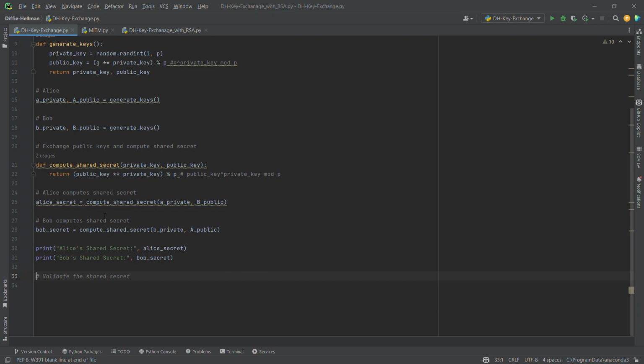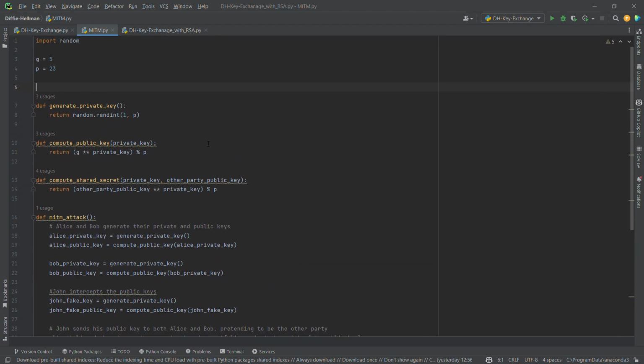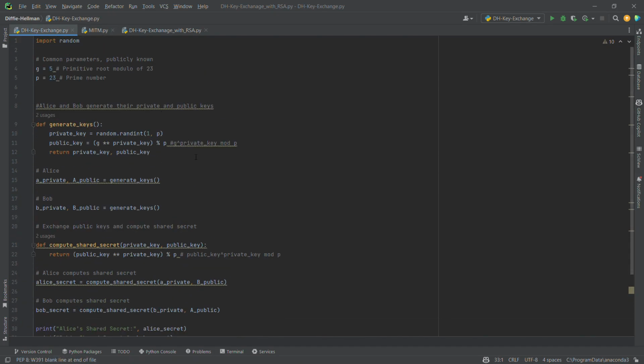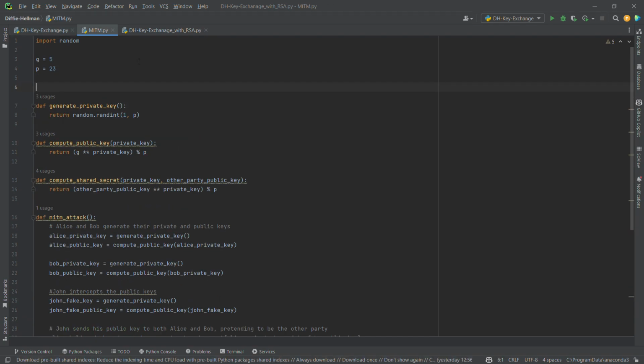And after generating this shared secret, if these values are the same, then they can use it to encrypt their messages from now on. So this is essentially how the Diffie-Hellman key exchange works. An attack called the man-in-the-middle attack could happen in this type of simple situation, and I will talk about how that happens.